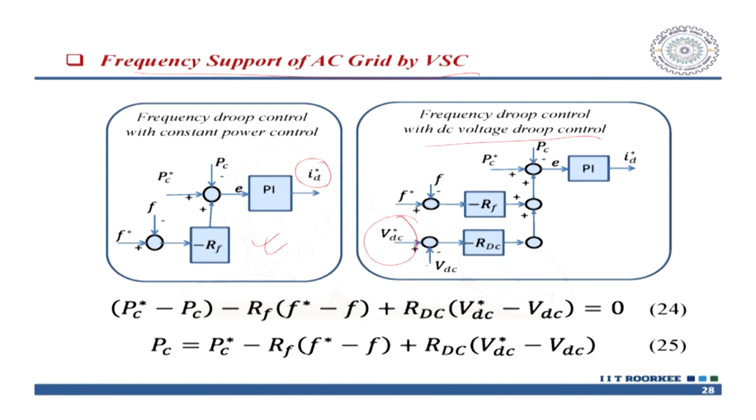This is the VDC, where the DC bus voltage is required to be maintained, and you have frequency droop, and both of these are put into this place, and there is a PI controller, and this way this will be the ID reference. The ID reference will stabilize both these drooping features. In that way the voltage source converter can also be used to mitigate frequency as well as voltage drooping.